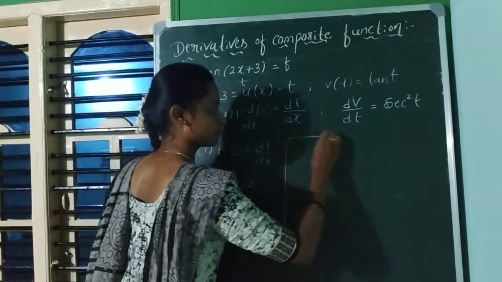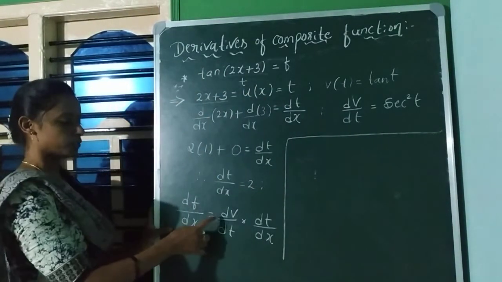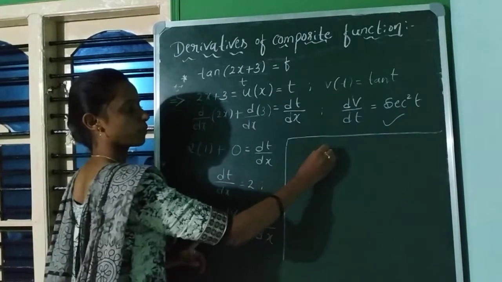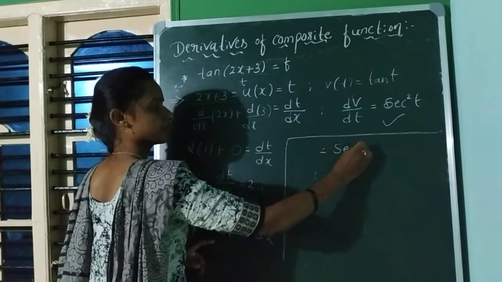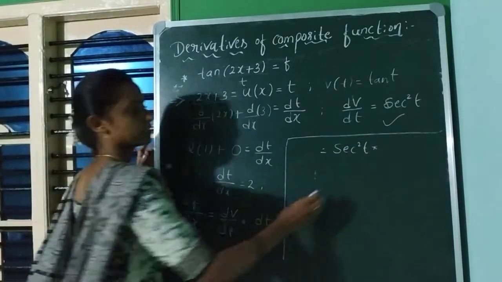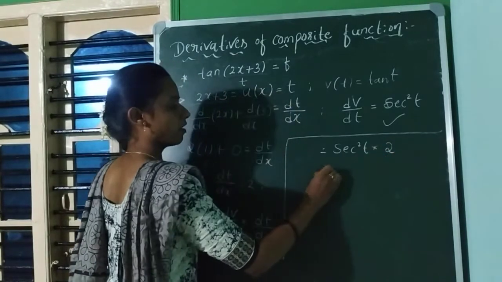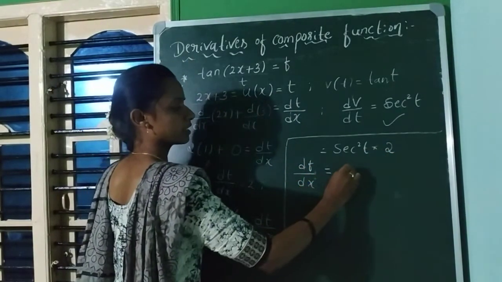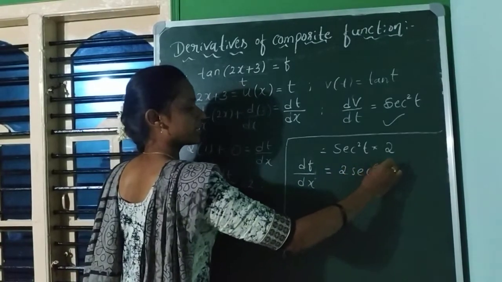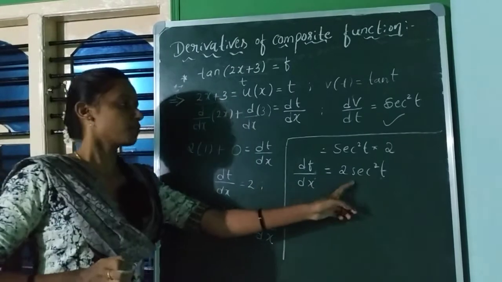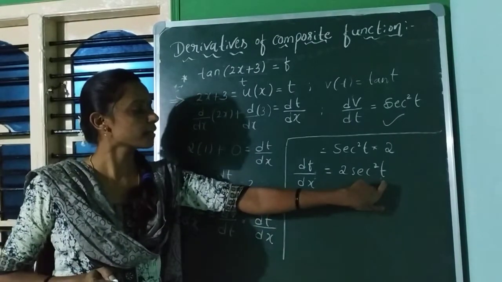Now, dv divided by dt is nothing but this secant square t, and dt divided by dx is 2. So you can write df divided by dx is equal to 2 times secant square t. In the end, the derivative value is in the variable t.